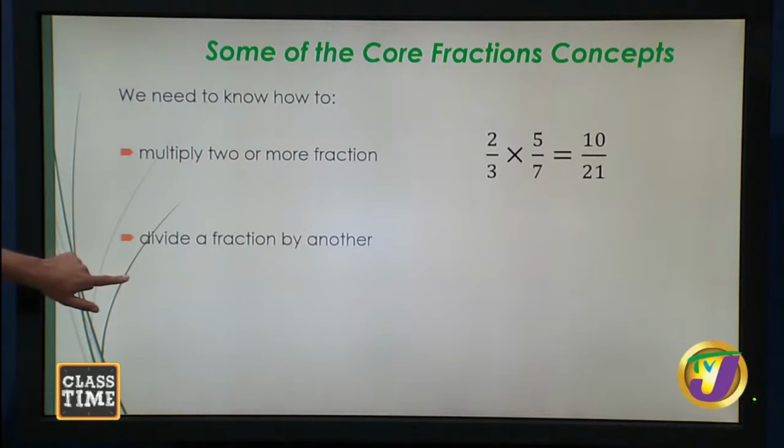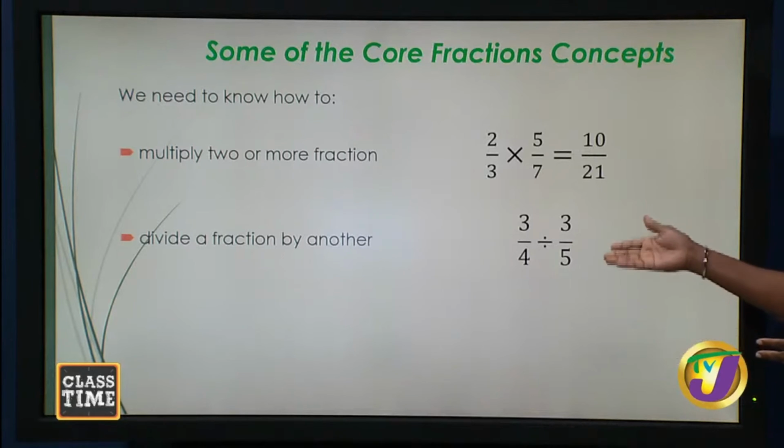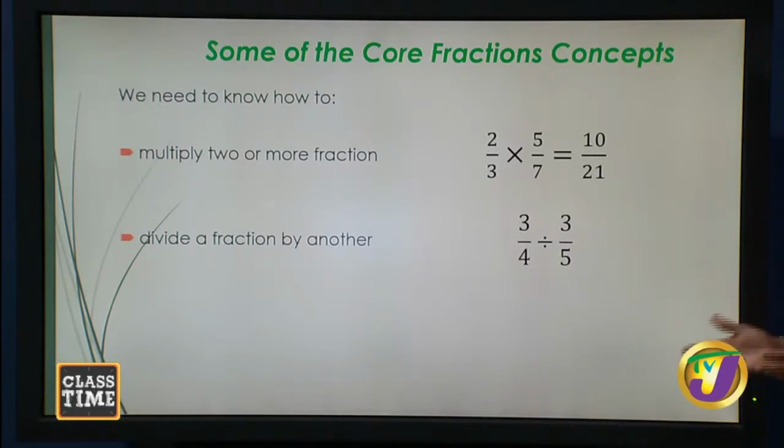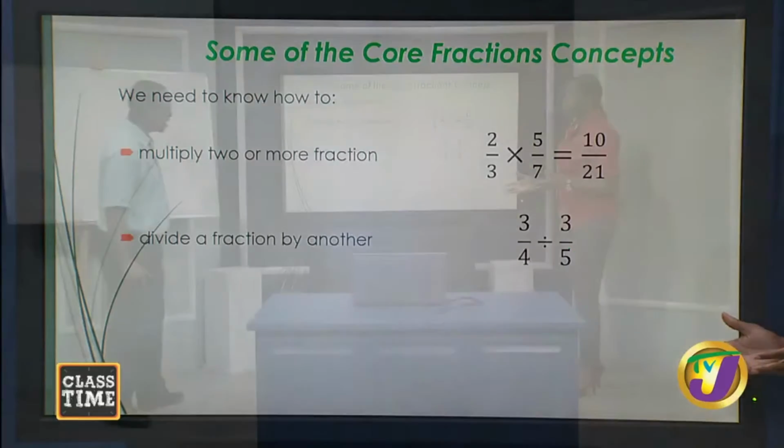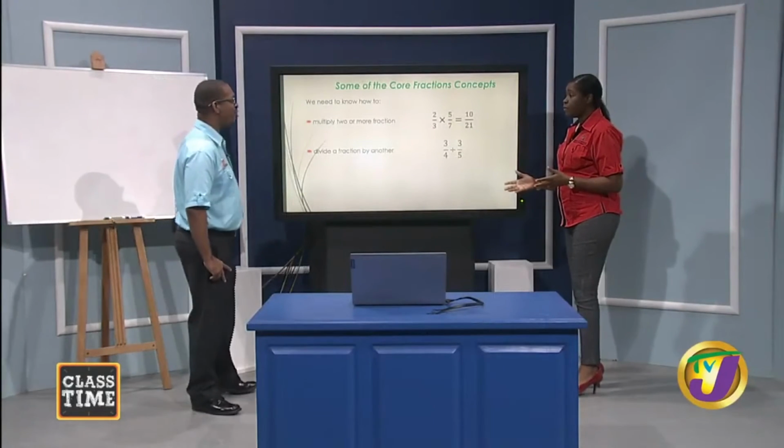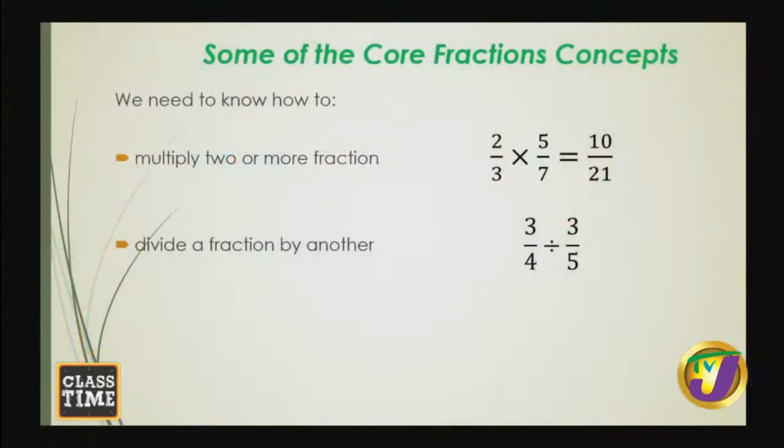But what happens when we are dividing a fraction by another fraction? Normally we say we change the sign and flip the second fraction, but what we're really doing is multiplying by the reciprocal. That's a big word, but basically it's the inverse of a fraction.